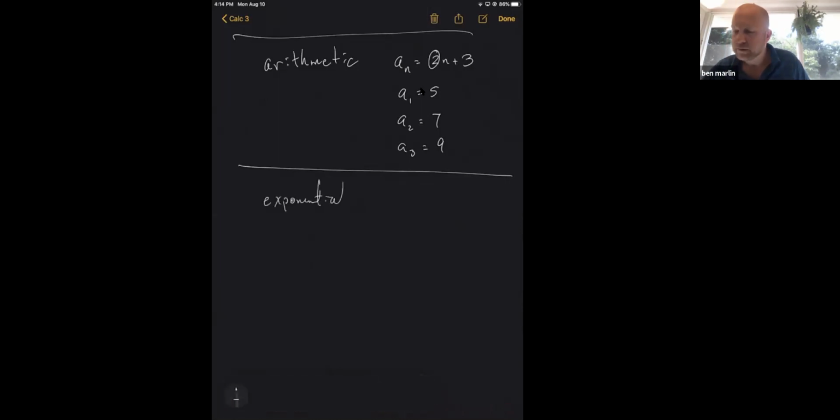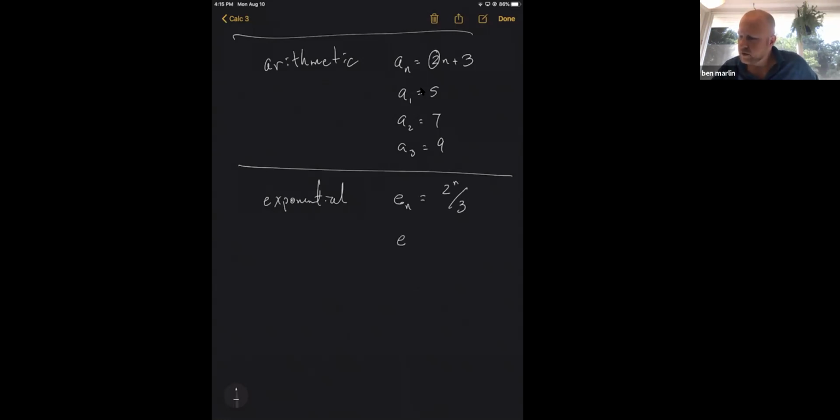Now, you've dealt with exponential functions, of course, back in calculus and hopefully also in algebra. But if we had an exponential function, which I'll call e sub n, just e for exponential, that could be something like 2 to the n over 3.